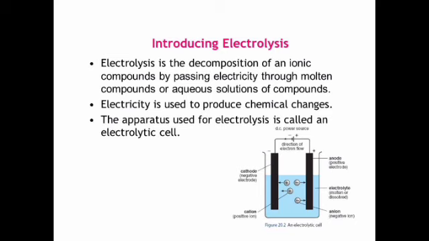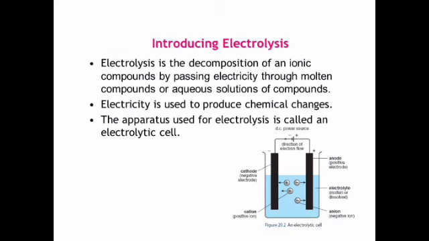So when this competition starts, the electrode has to choose. The electrode has to decide. So the product which is formed at an electrode will depend on which ions are preferentially discharged. Which one does the electrode prefer to discharge first?